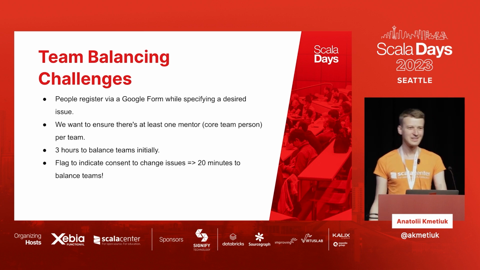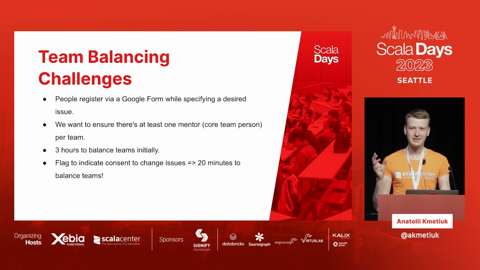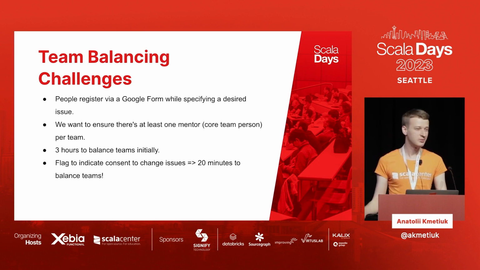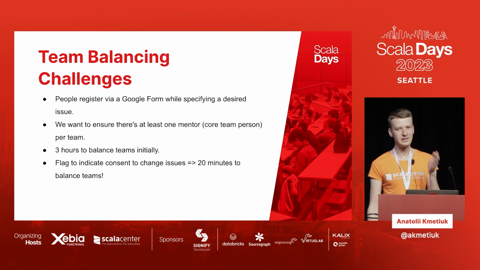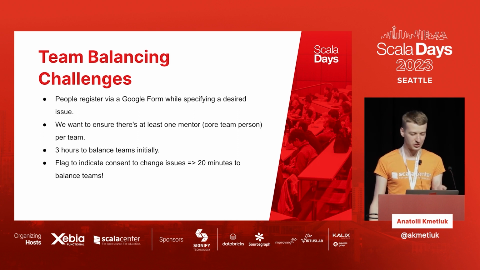And we fixed that by adding just one simple flag to the registration form. We brought down the time for team balancing from 3 hours to 20 minutes. The flag was a consent of the person to be moved to a different team, and it was on by default.